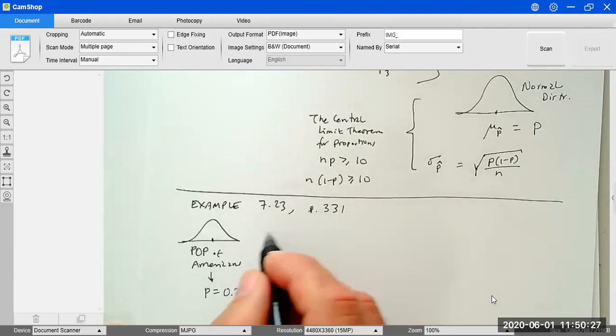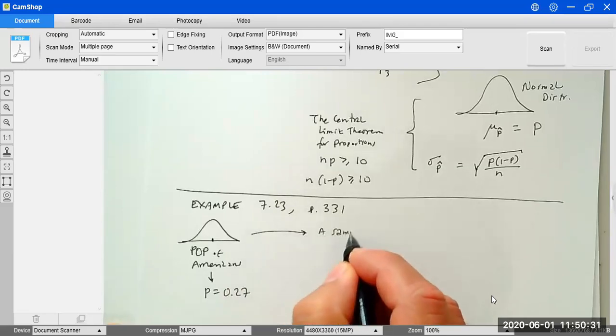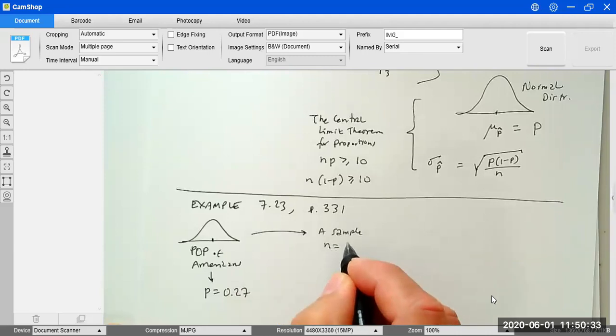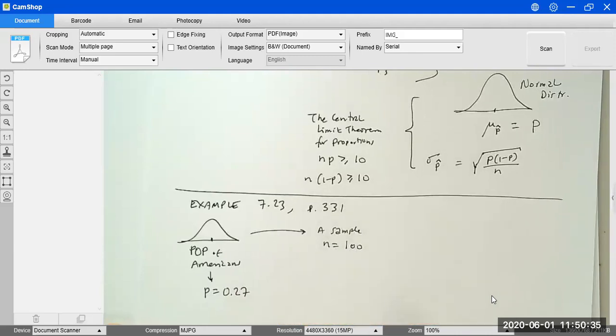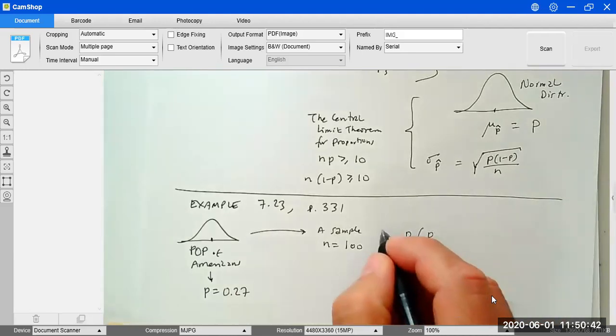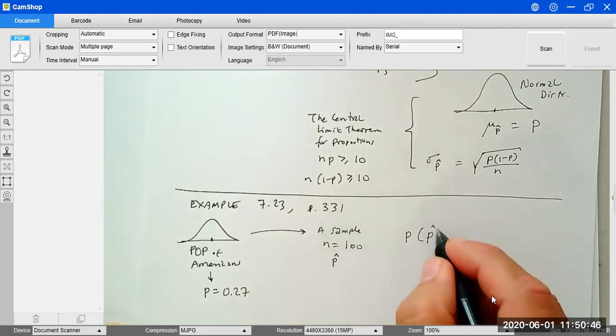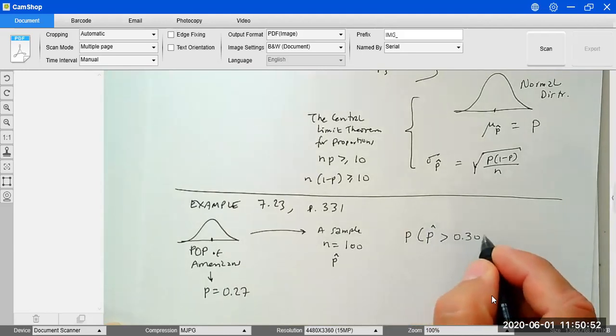Then we collect a sample, with size equal to 100. And we want to know the probability that the proportion for this sample is going to be greater than 0.30.